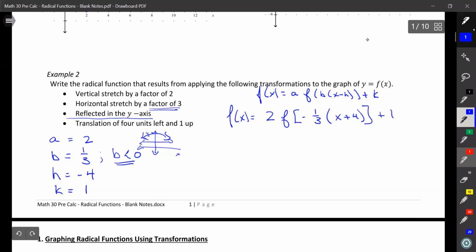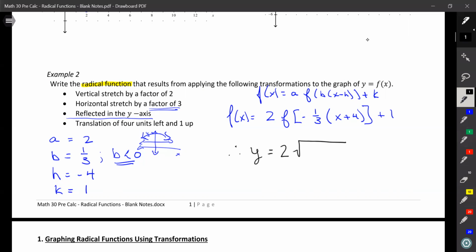Now, what we will do is we were told to write it as a radical function. So let's write this now as the radical function, not just as some function. So what we will have then is, therefore, y equals 2. Now, rather than putting the f there, I put the radical sign.